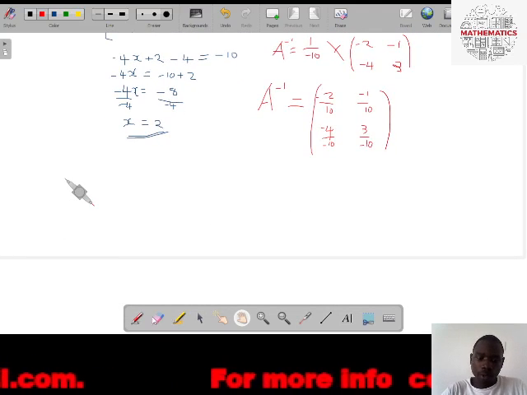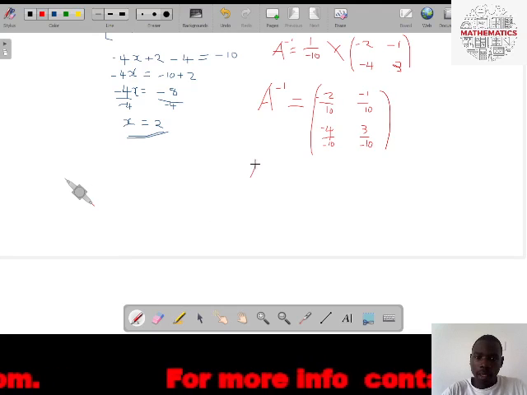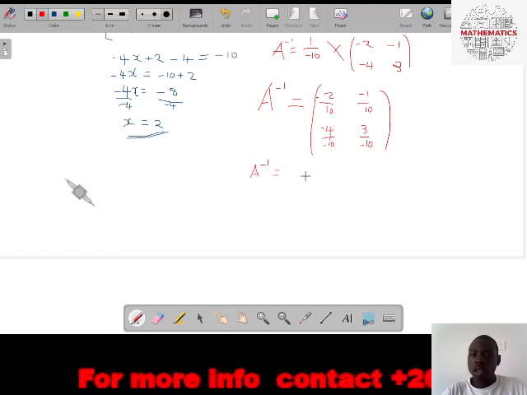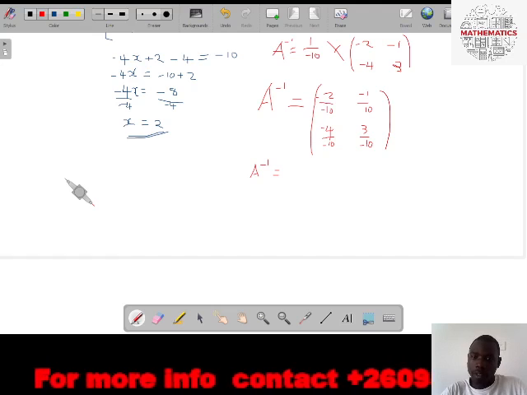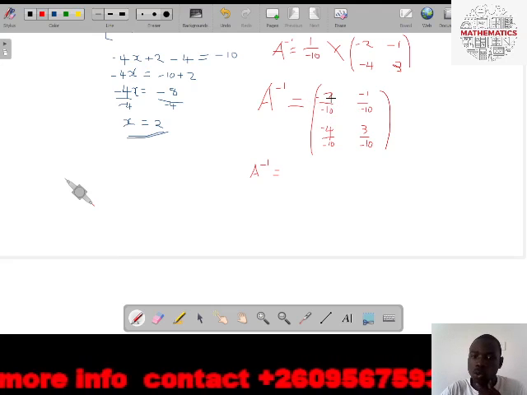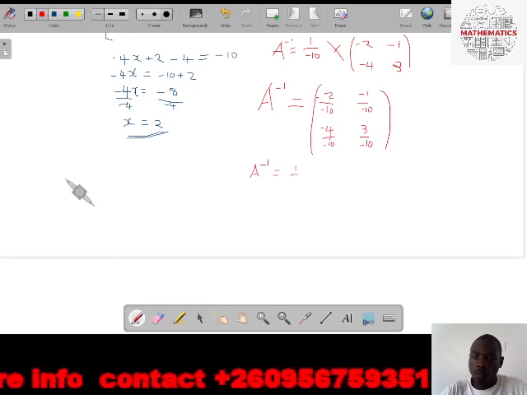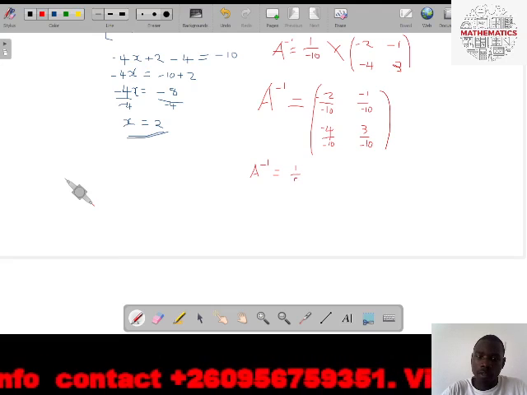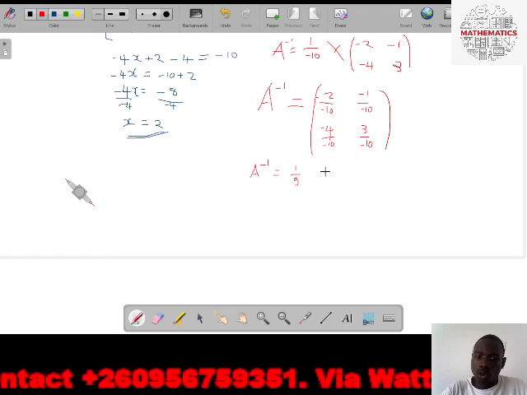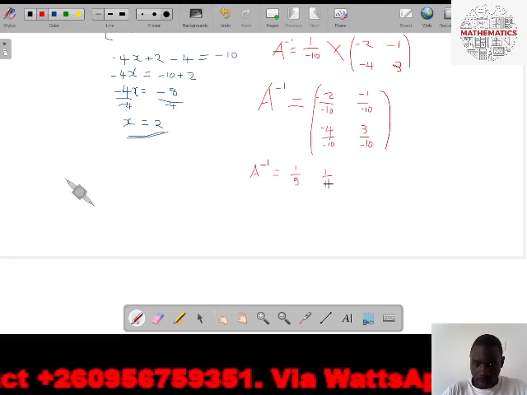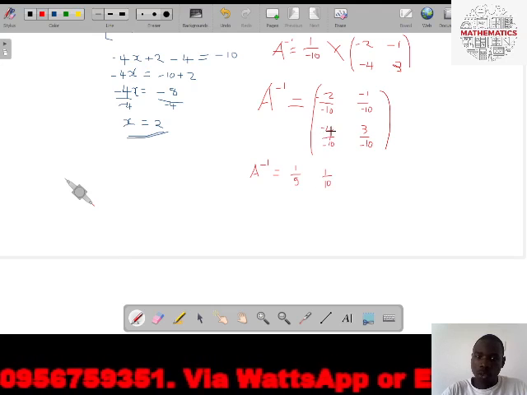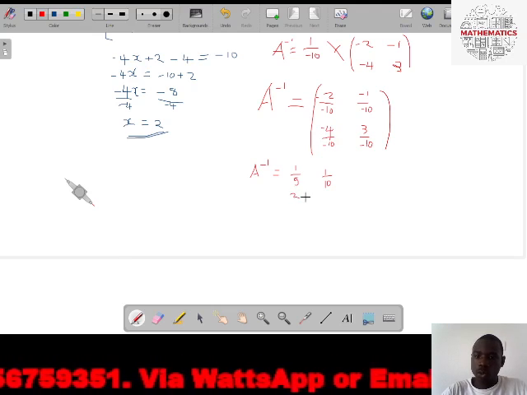So now lastly A inverse is equal to, the negative 2 over 10 with the signs, negative and negative will be positive, and 2 over 10 is 1 over 5, and then negative and negative is positive, so it will be 1 over 10, and then negative and negative will be positive, 4 over 10 is 2 over 5.